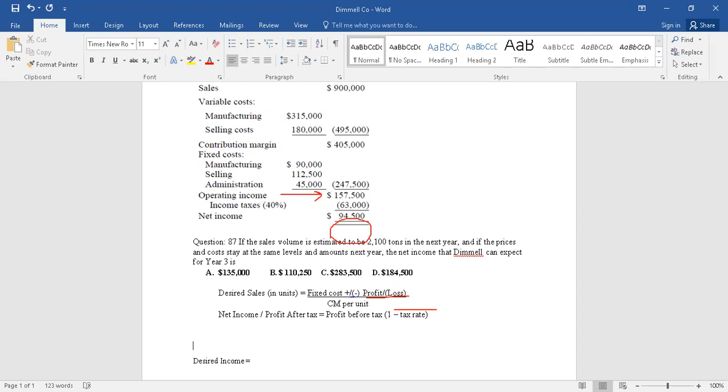Fixed cost is 247,500. Profit is what we are trying to find out. We need to know contribution margin per unit, which is 405,000 at an activity level of 1,800 tons.